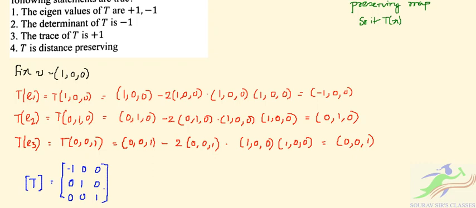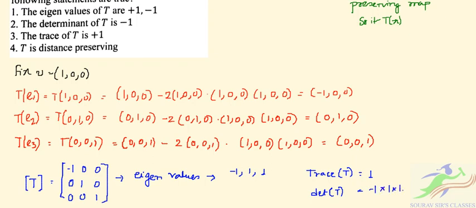The eigenvalues are nothing but the diagonal entries, so the eigenvalues are minus 1, 1 and 1. We can calculate the trace also. The trace of T will be minus 1 plus 1 plus 1, which is 1, and the determinant of T is minus 1 multiplied by 1 multiplied by 1, so it will be minus 1.